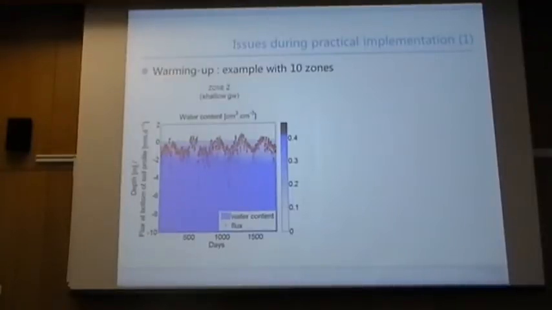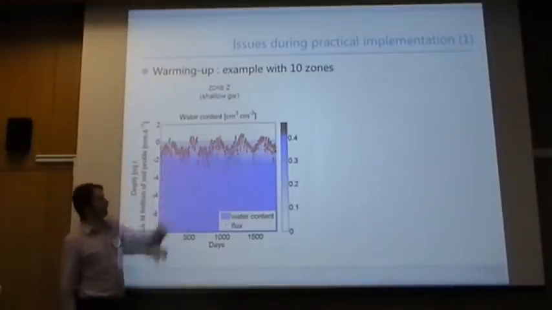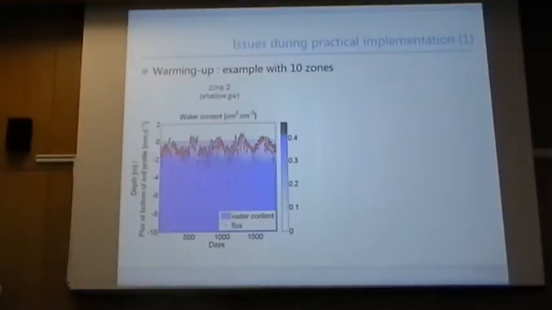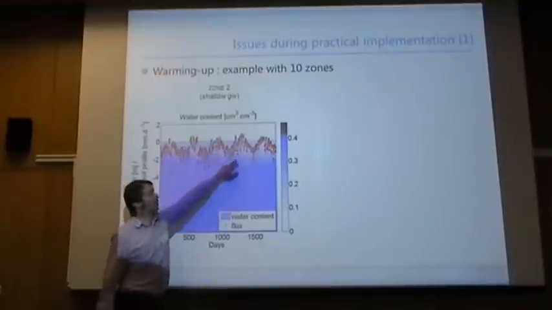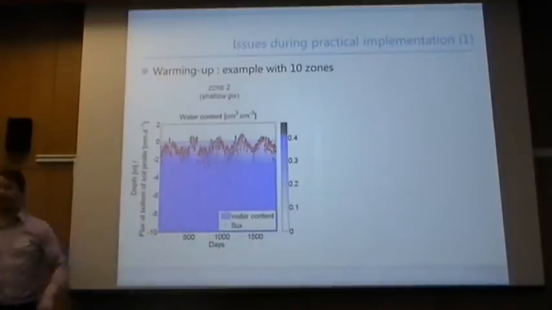This is for zone 2, which has a shallow groundwater table, and quite fast we get stabilization of the groundwater table, and we have only the seasonal variations, and you also see that in the fluxes. So for a zone with a shallow groundwater table, you can obtain the stabilization quite fast.